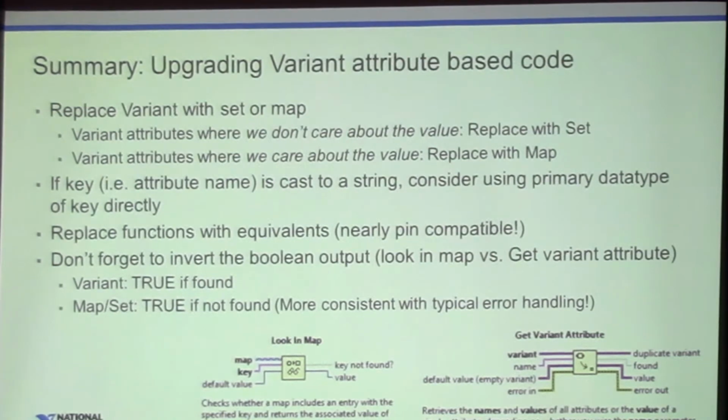The map is much more consistent with all error handlers. Usually if the Boolean is true, then we have something that we don't want. So just insert a not in there, or change the stop condition of the loop, or whatever hangs off that Boolean. But that's really the only thing where you need to switch something.